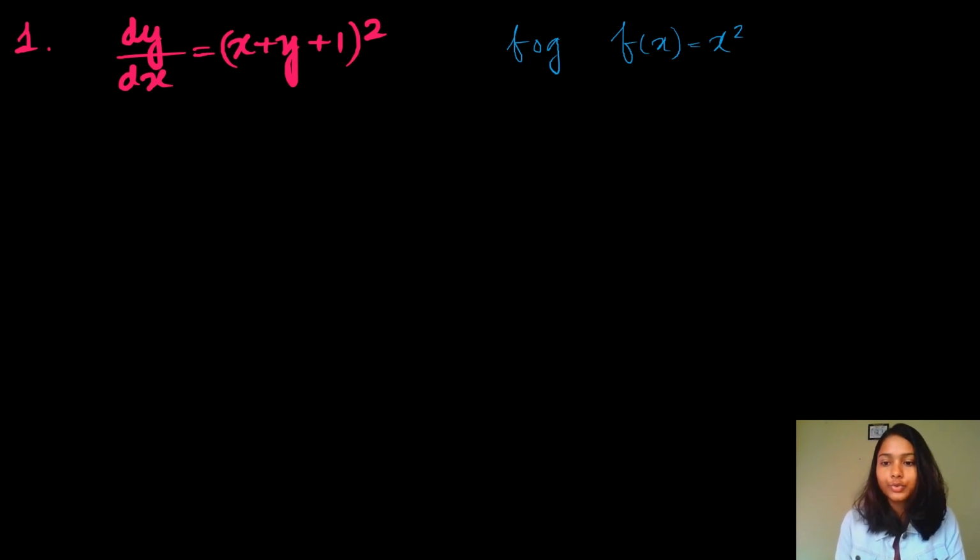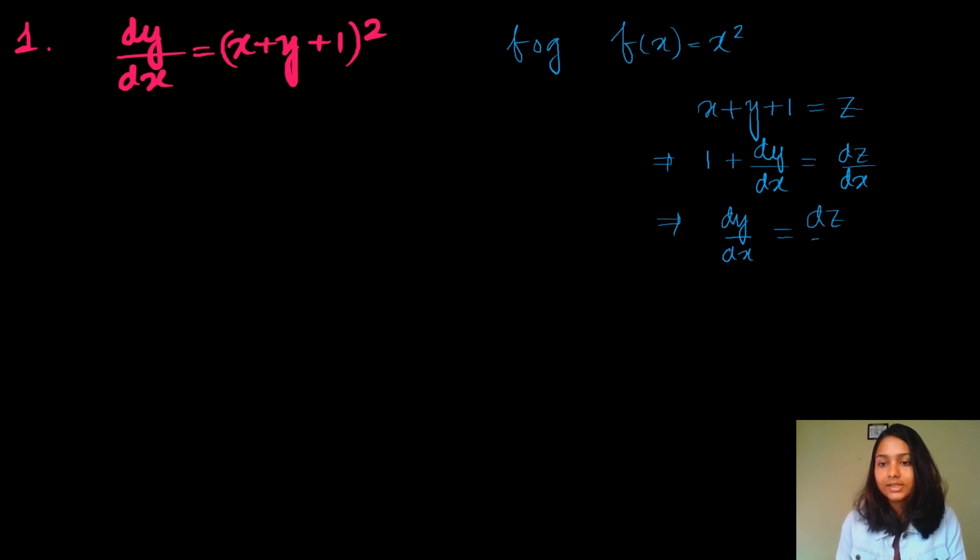So what we are going to do, we are going to substitute x plus y plus 1 as z. After differentiating, this becomes this. Okay, so ultimately dy/dx equals dz/dx minus 1.